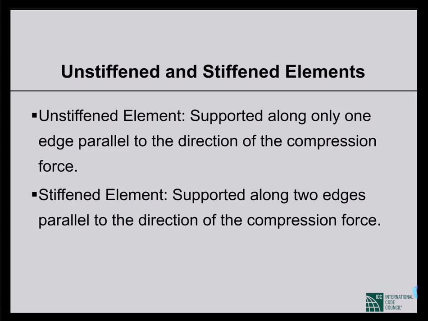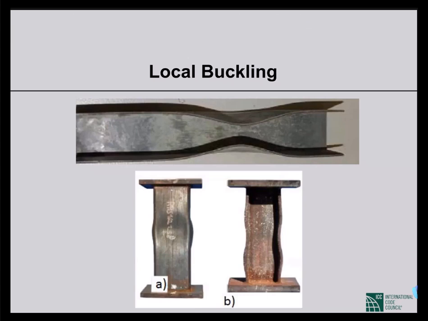So a web in case of flexure about the strong axis is a stiffened element, as a web is supported along two edges. Now, why do we need these definitions of stiffened and unstiffened element?